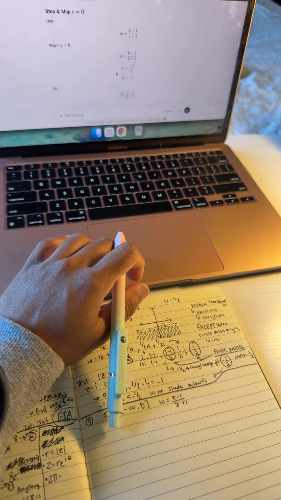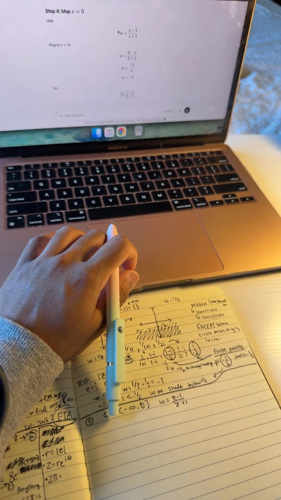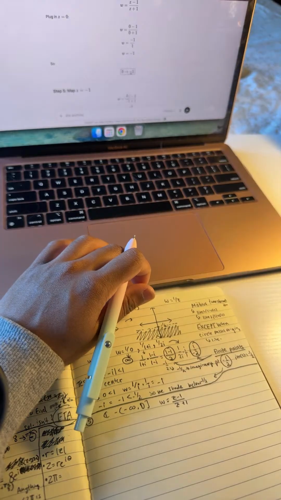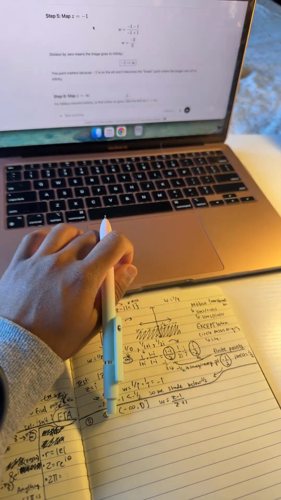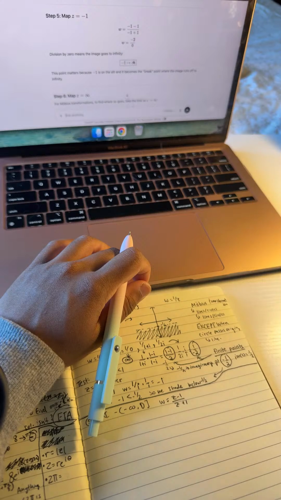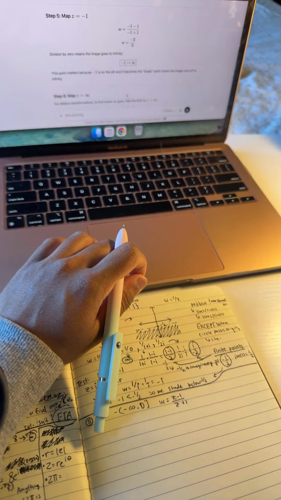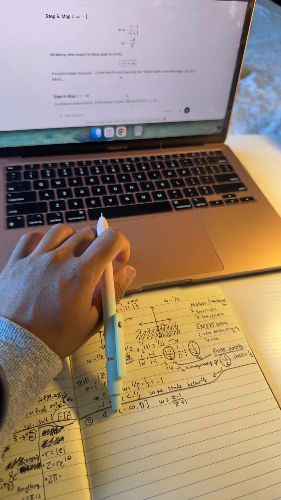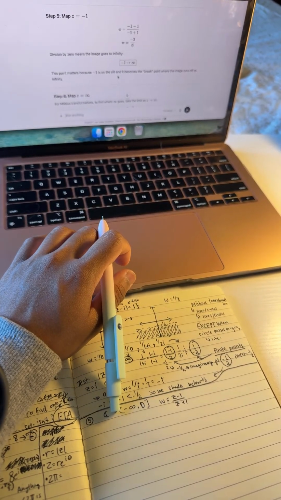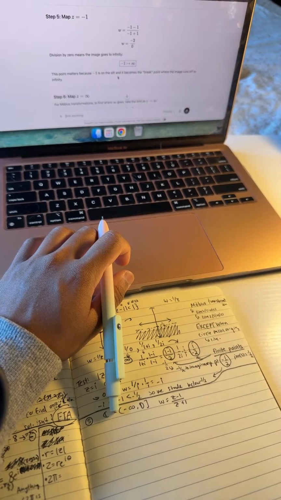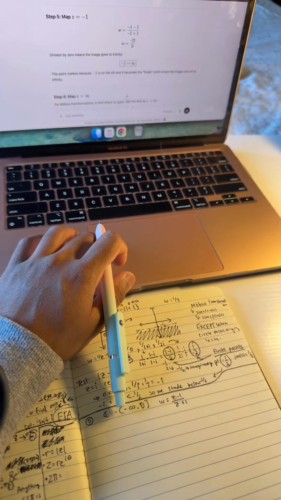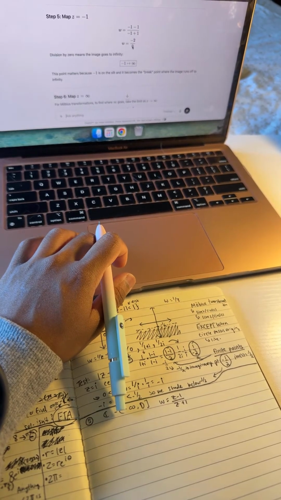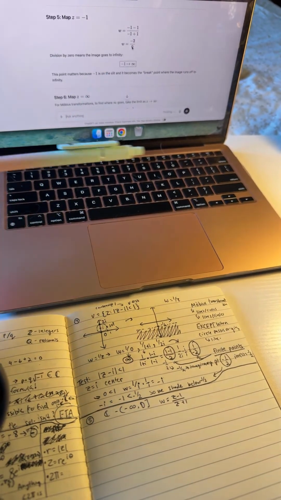So the map: z equals 0, plug in 0, you get -1. 0 goes to -1. z equals -1 maps -1 to infinity. The point matters because -1 is on the slit and it becomes the breakpoint where the image runs off to infinity. So even if the numerator is at -2, if the denominator is 0, it will still go towards that direction.